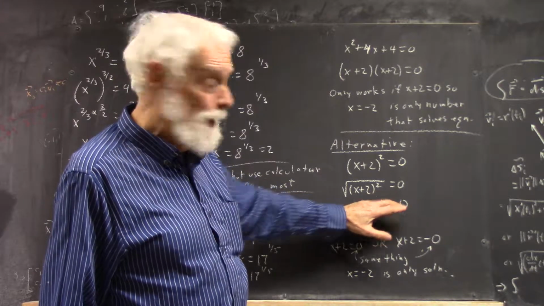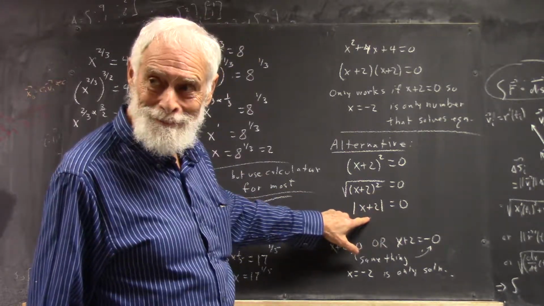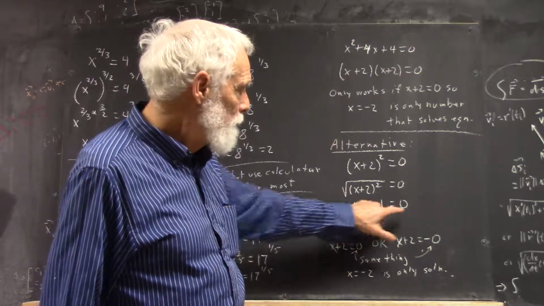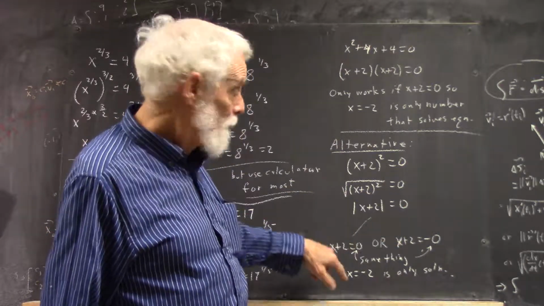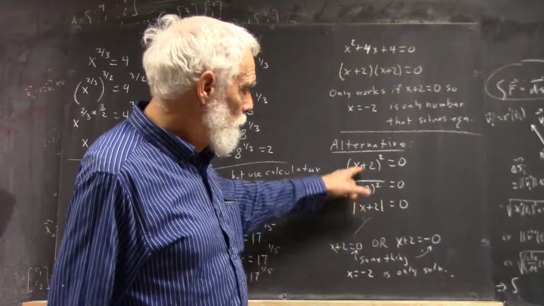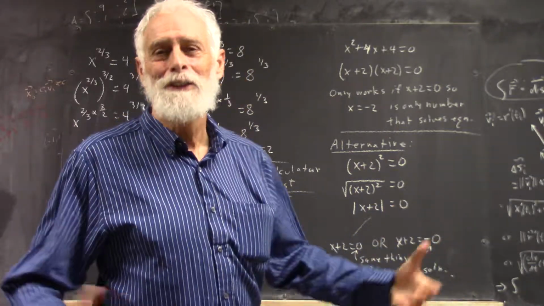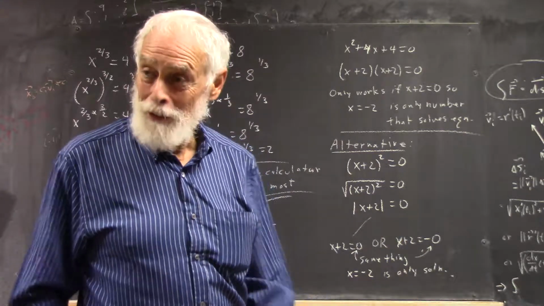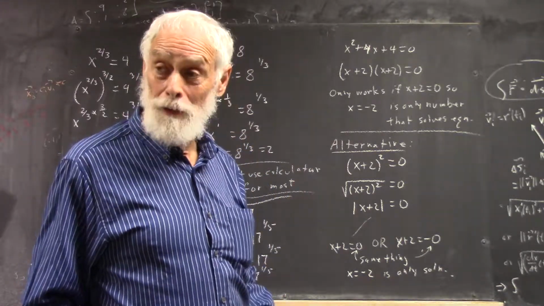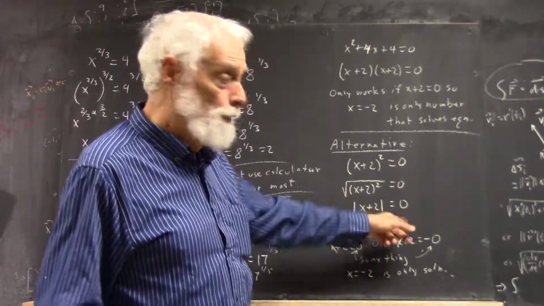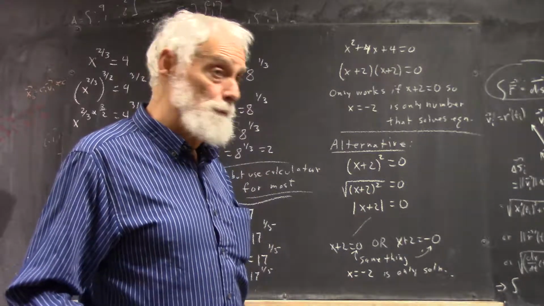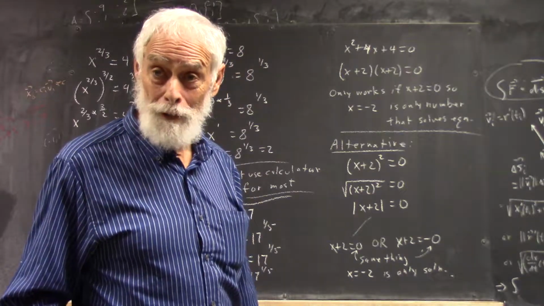The absolute value of x plus 2. And that equation breaks into two equations: x plus 2 is either 0 or it's negative 0. Of course, negative 0 is the same thing as 0. So in this case, you only get the one solution, although for most absolute value equations, you get two solutions, right?